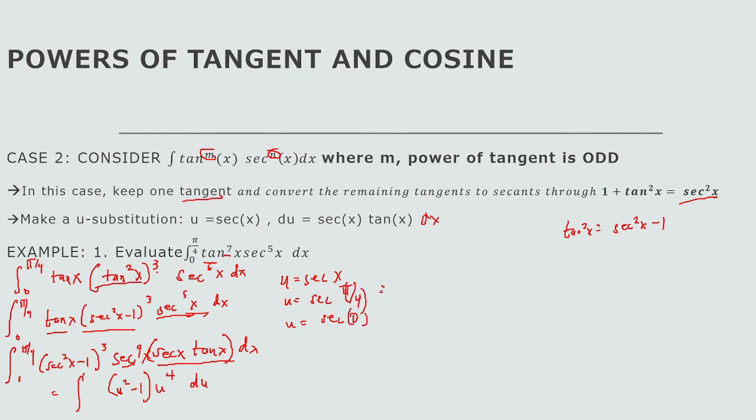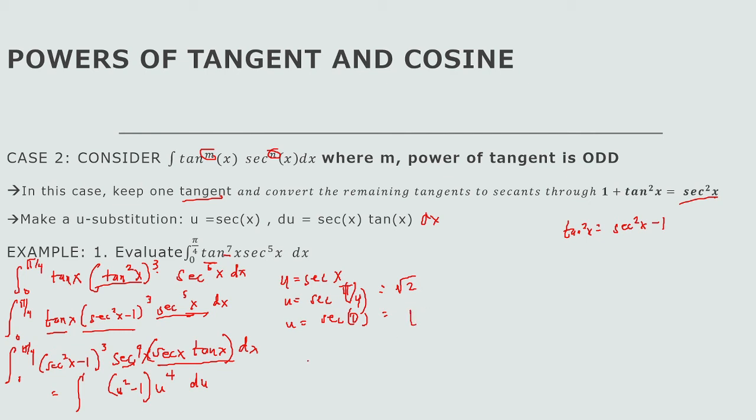So what is the result? So secant pi over 4, secant is 1 over cos. So 1 over cos pi over 4. Your calculator should be in radians again. So this is square root of 2. And secant of 0 is 1 over cos 0, which is 1.